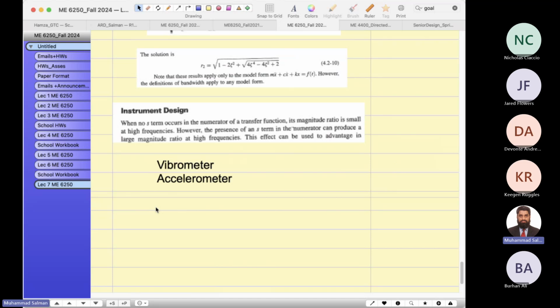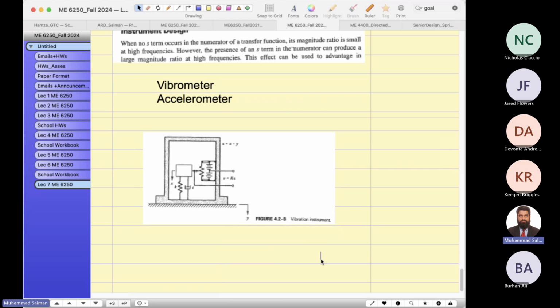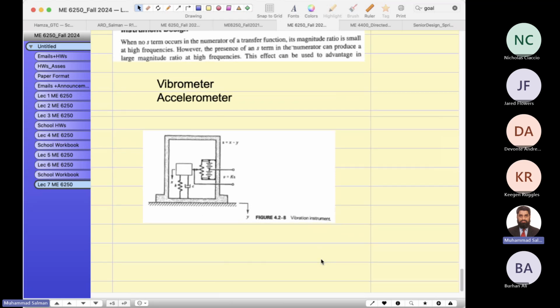How would you define the frequency range such that it behaves like a vibrometer, or how would you define the R value? I would say R is the frequency range in which the response is like a vibrometer or displacement.